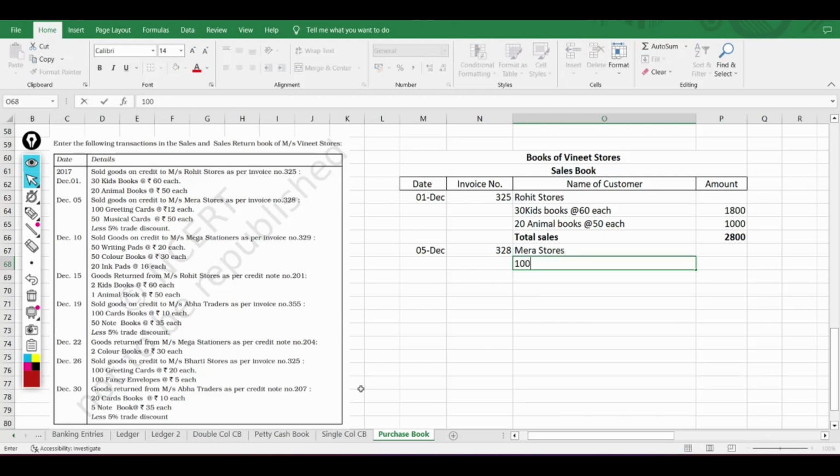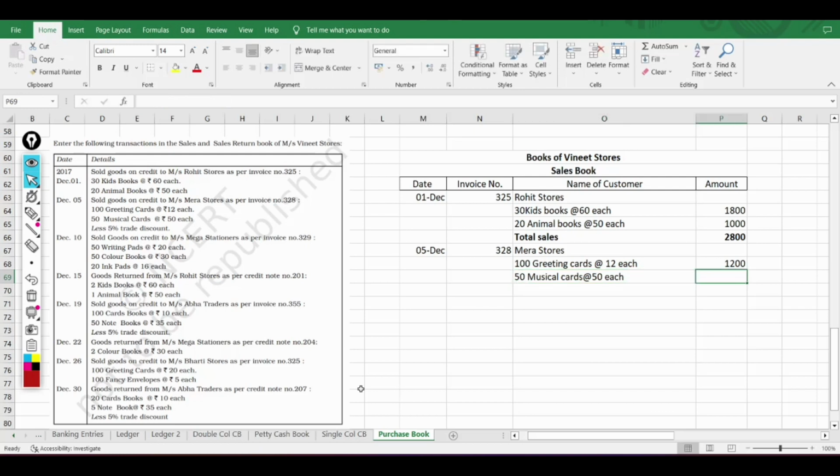We have sold them 100 greeting cards at rupees 12 each, which means 100 into 12, 1200, and 50 musical cards at 50 each. So 50 into 50. Total is 2500. Let's total this.